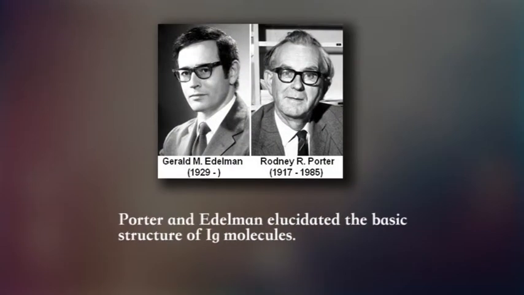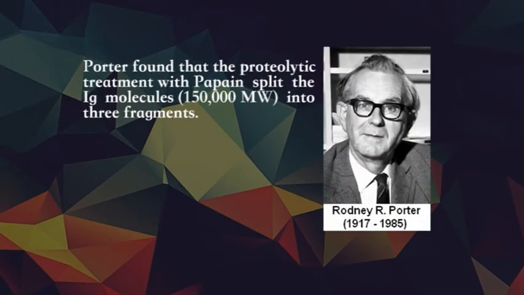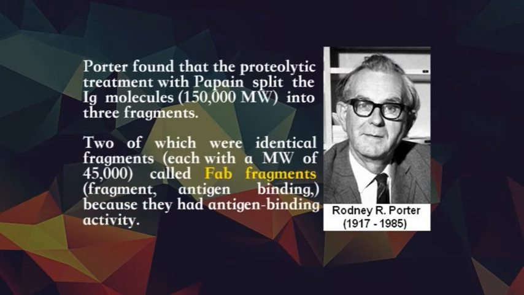Porter and Edelman elucidated the basic structure of IgG molecules. Porter found that proteolytic treatment with papain split the Ig molecule, which is 150,000 molecular weight, into 3 fragments, 2 of which were identical fragments, each with a molecular weight of 45,000, called Fab fragments, or fragment antigen binding, because they have antigen binding activity.